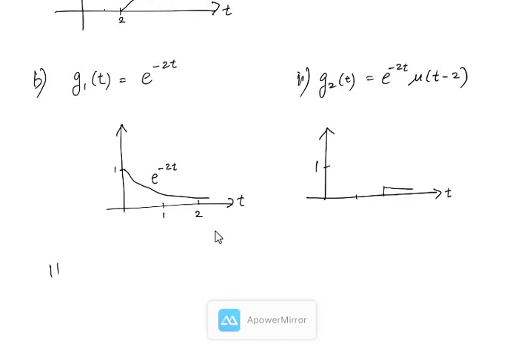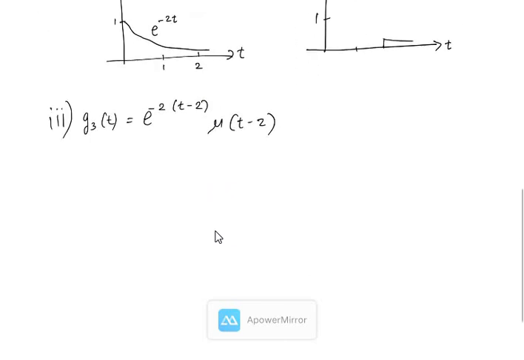And then what about the third question? That is g3(t) equal to exponent negative 2(t minus 2) times unit step t minus 2. It's the same, we have t minus 2 and t minus 2.